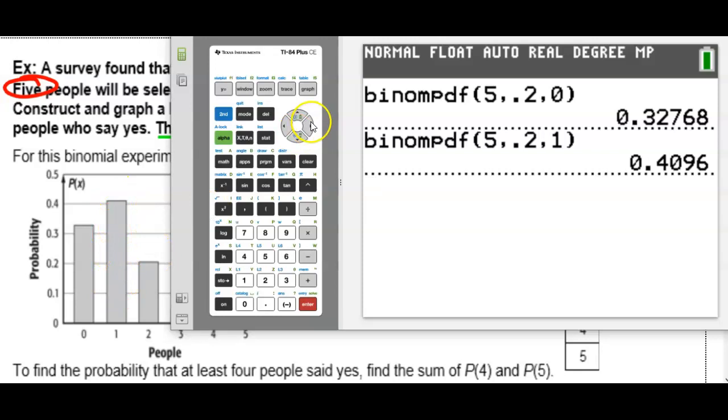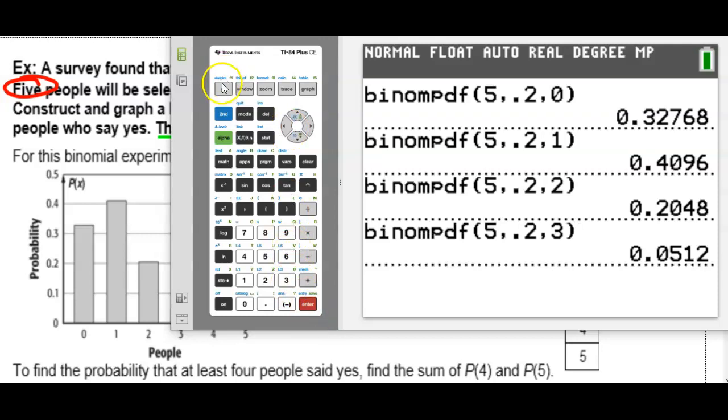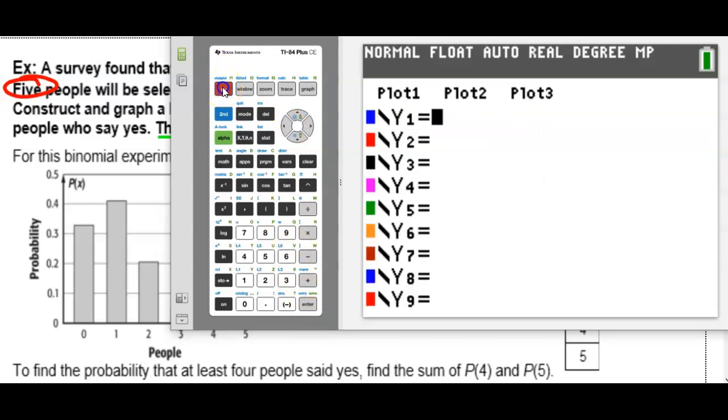Okay, now I'm going to show you the shortcut. If you have an older or newer calculator, you can just arrow up and then go back and change the number of trials, this last number, to 2 people said yes, which would be this number. Or you can go second enter and then back arrow and make this 3 or 4 or 5.